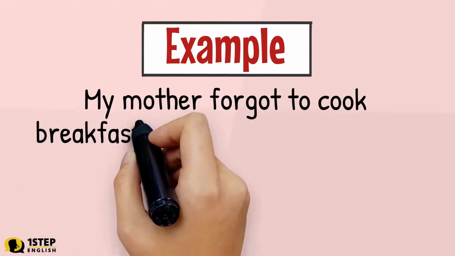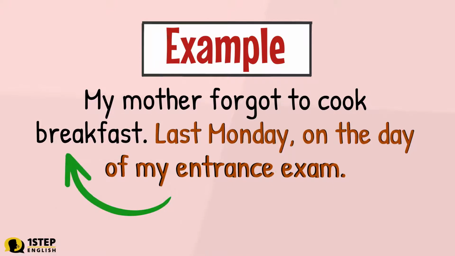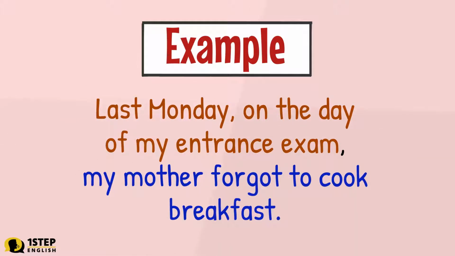For example, My mother forgot to cook breakfast last Monday, on the day of my entrance exam. You can attach the fragment, or the last sentence, last Monday, on the day of my entrance exam, to the first sentence, to make a complete sentence. Last Monday, on the day of my entrance exam, my mother forgot to cook breakfast.